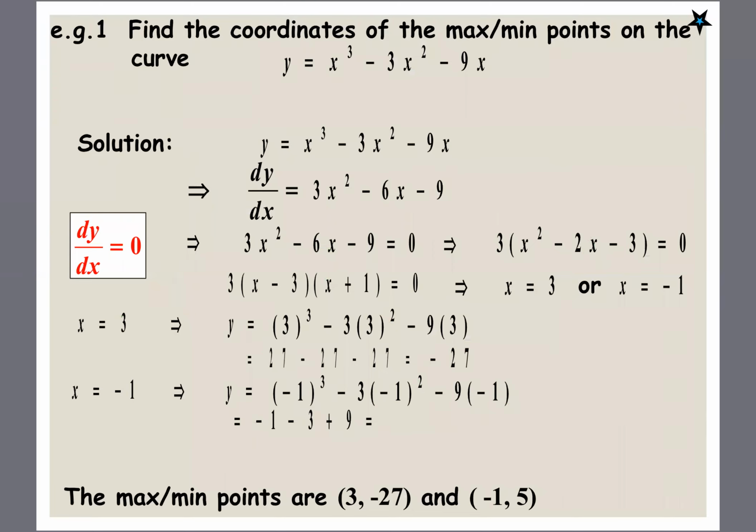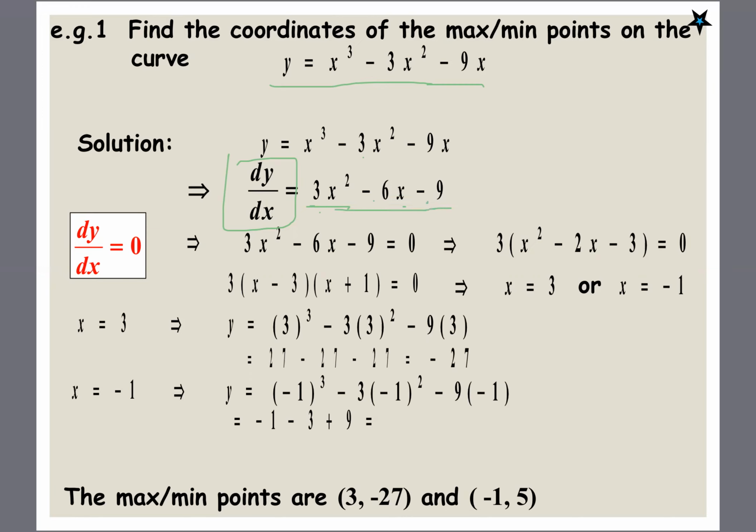Okay. So now this is the given function, and to get the maximum or minimum point, that is the slope, we first differentiate it, dy by dx. Differentiating that one, x cubed becomes 3x squared, you know we need to apply the basic rule, and minus 3x squared becomes minus 6x, and minus 9x becomes minus 9.